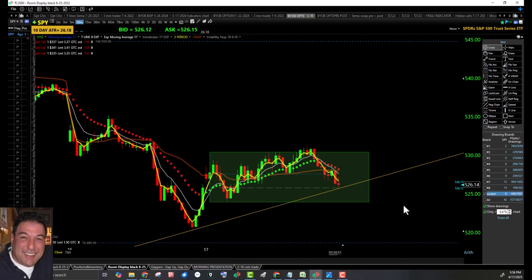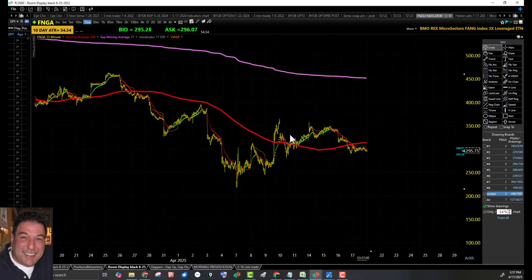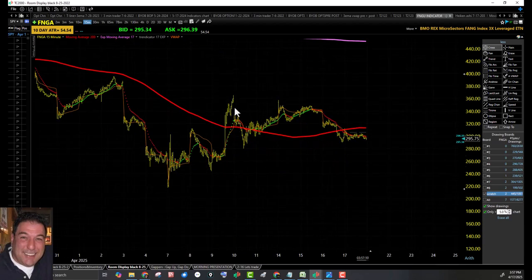So I got a 10-minute downtrend coming into the weekend, and a 2-hour downtrend and a daily downtrend. So like I said, nothing's really working for the bulls right now. You can see, 7 days we still haven't filled this bearish gap.